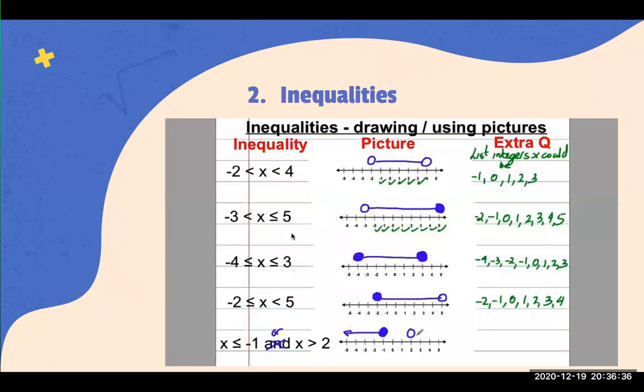So let's talk about inequalities. This picture illustrates exactly what inequalities are. They're like equations, but they're not equal to each other. They're like less than, greater than, less than or equal to, or greater than or equal to, which is what these are.